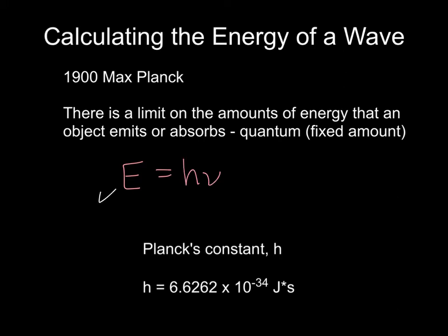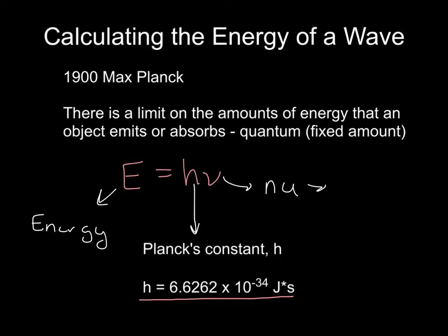E stands for energy, and again, because we're borrowing this from physics, we don't use the letter Q. h is what we call Planck's constant, and its value is 6.6262 times 10 to the negative 34th joule seconds. And once again, nu, the Greek letter nu, is what we know as frequency.